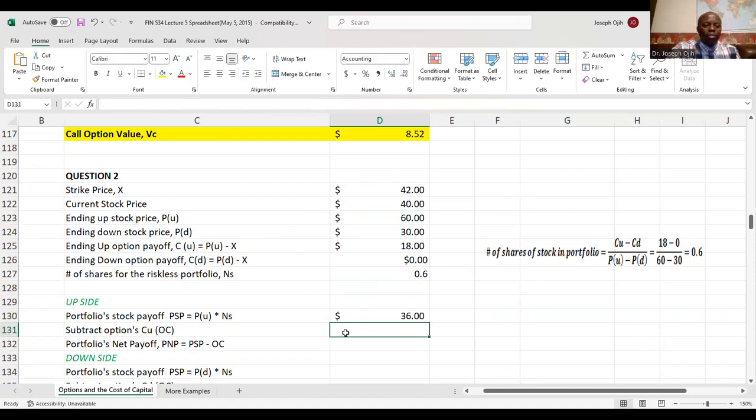Then we subtract the option's ending up option payoff, which I have here as $18.